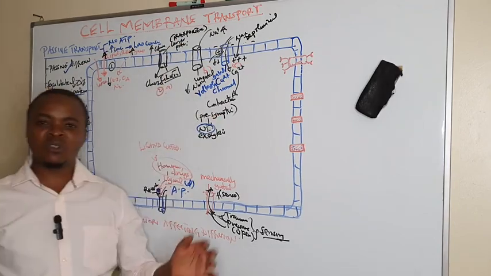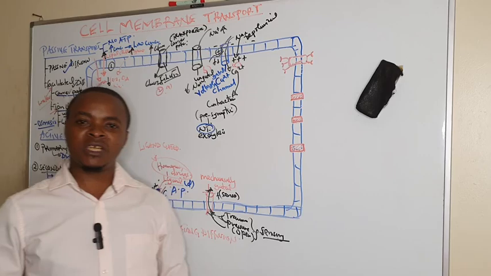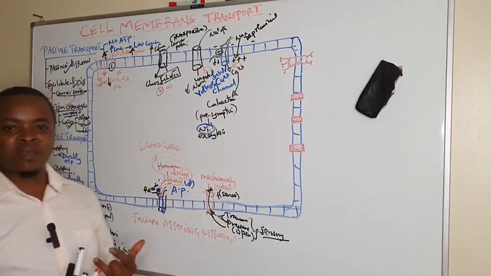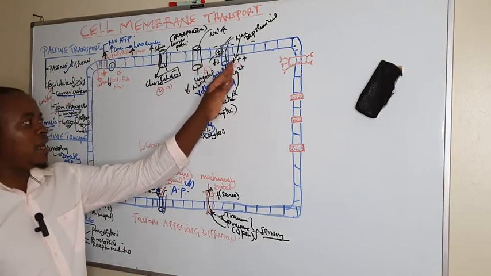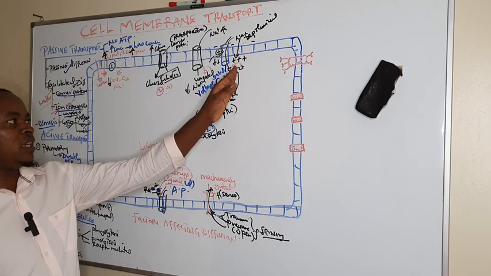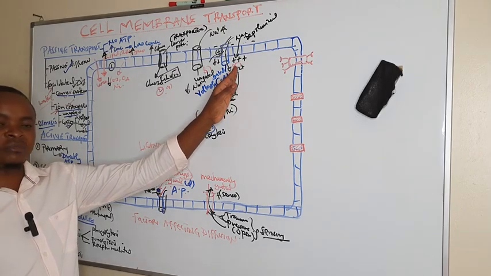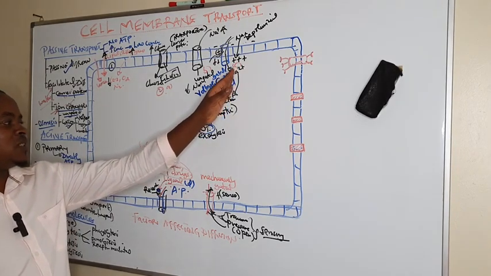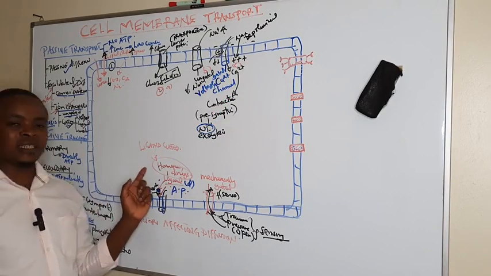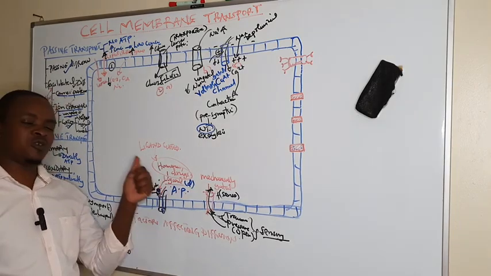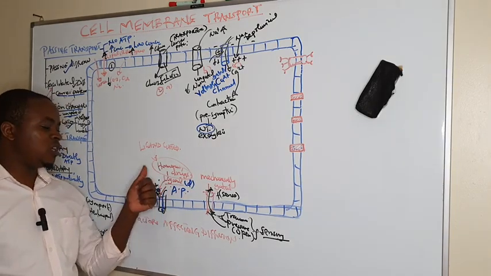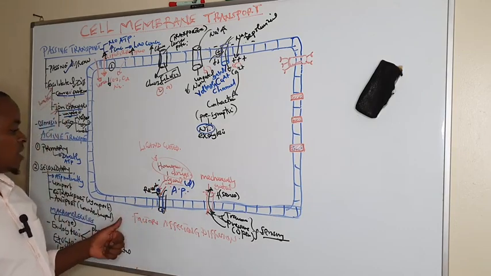Then the ion channels, we have seen they transport electrolytes which are charged, and they can either be ungated, without the gate, or they can be high voltage gated, like calcium channels on presynaptic neuron. Then we have seen ligand gated ion channels which require hormones, drugs or neurotransmitters to bind to cause influx of sodium ions.